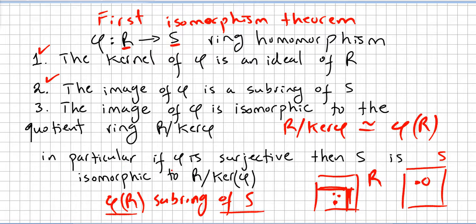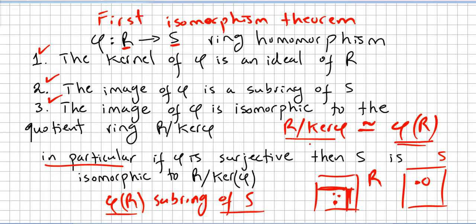In particular, if phi is surjective, so onto, then S is isomorphic to the quotient ring. I don't know if you can see the difference here. This is a particular case. The third point, already checked, is that the image of phi is isomorphic only to the quotient ring.